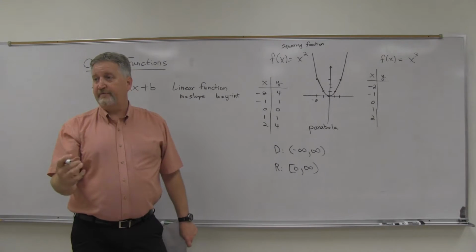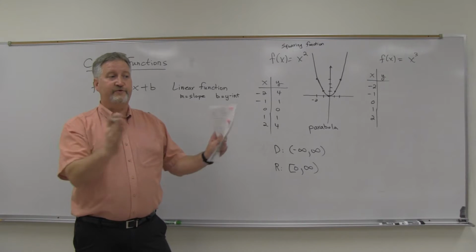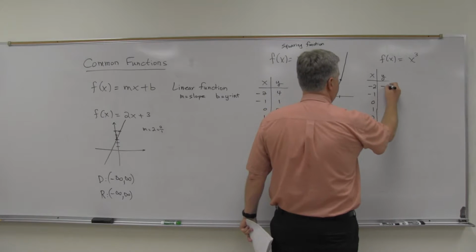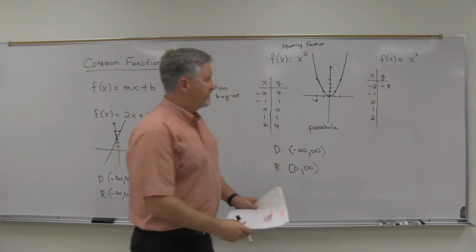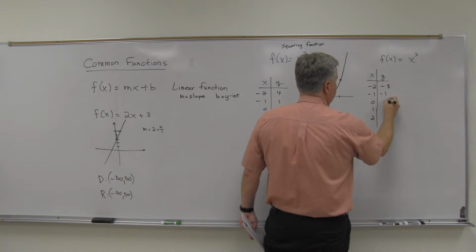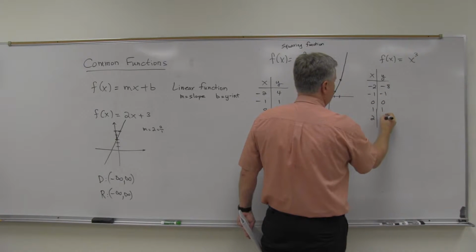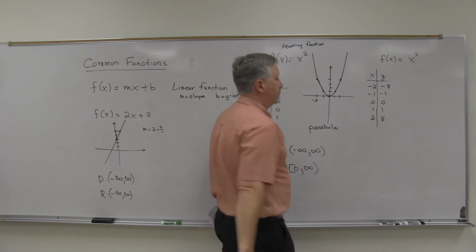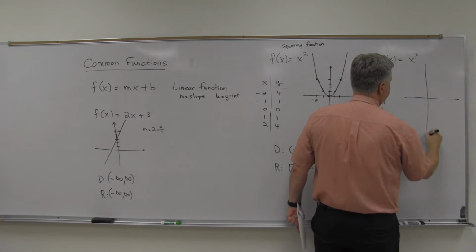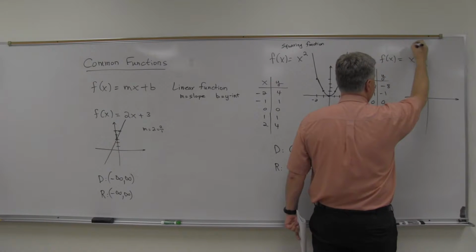It's going to be negative as well, because negative 2 cubed, negative 2 times negative 2 times negative 2, is going to be negative 8. For negative 1, cubed is negative 1, 0 cubed is 0, 1 cubed is 1, 2 cubed is 8. So you do get negative y values here, and so you get a different shape. Of course, this is the cubing function.